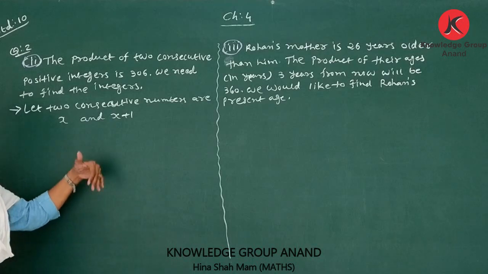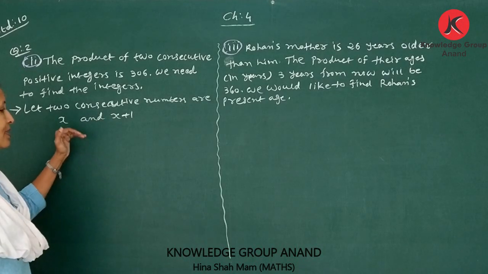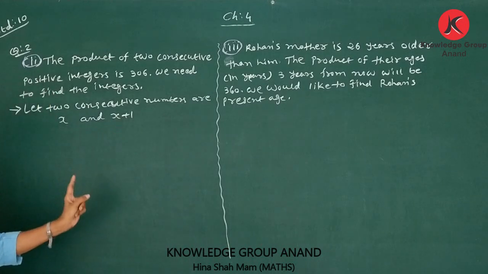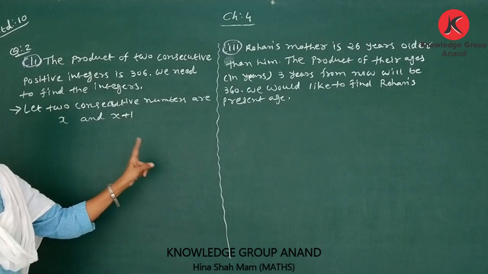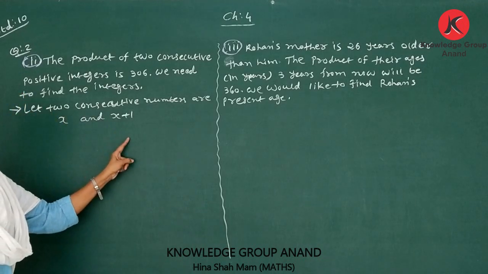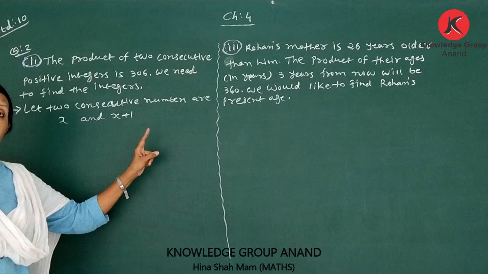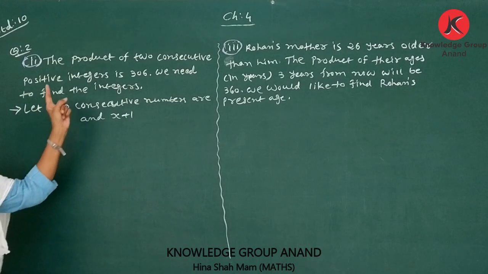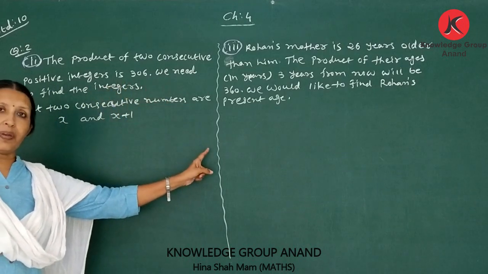Two consecutive numbers differ by 1: x and x plus 1. Suppose 20, 21, then 20 and 20 plus 1. Both are consecutive numbers. Here we assume x, x plus 1. For three consecutive numbers, we assume x, x plus 1, x plus 2.